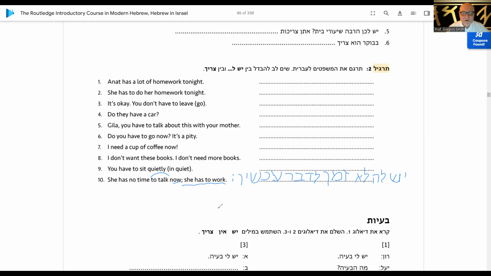Okay, so ledaber akshav. But we have to finish this now. She has to work. So it's probably going to be we're going to use this one right here, zarich. So how about he zarich la'avoda.